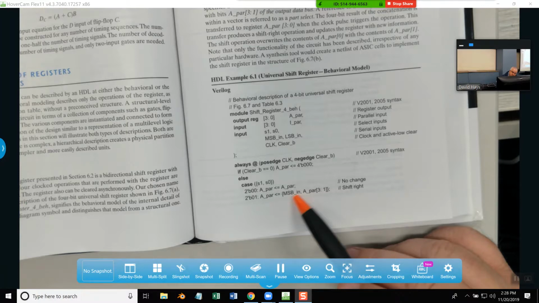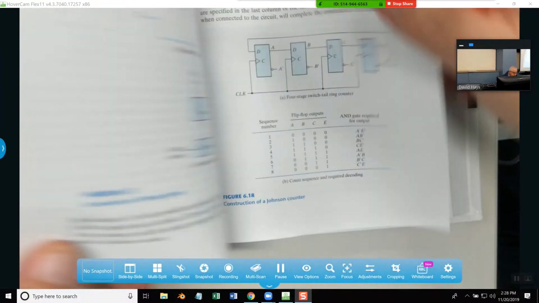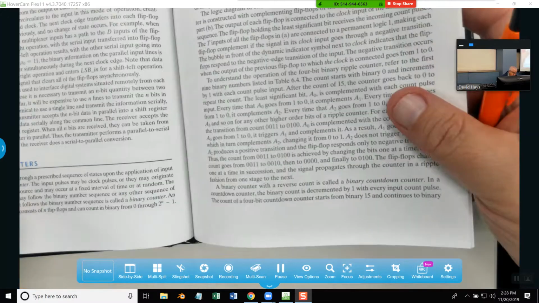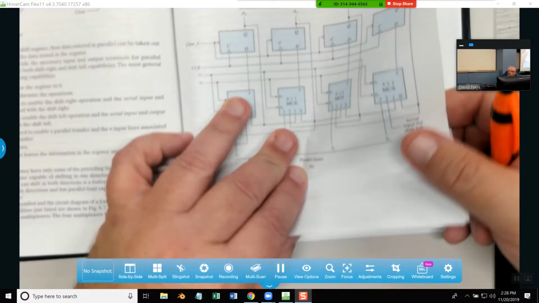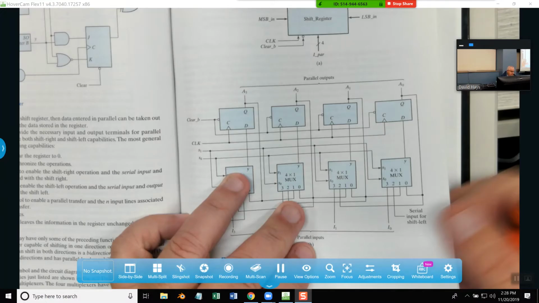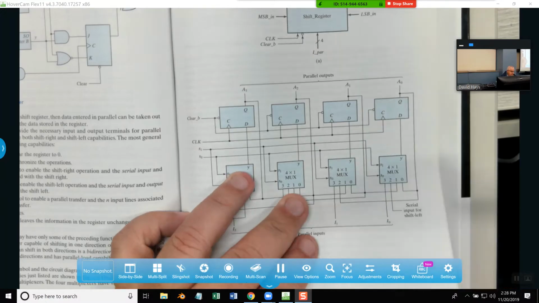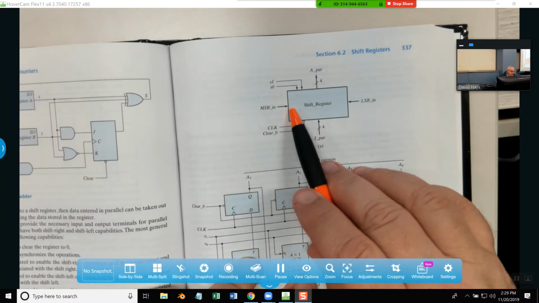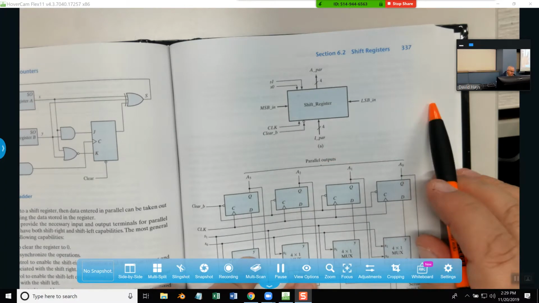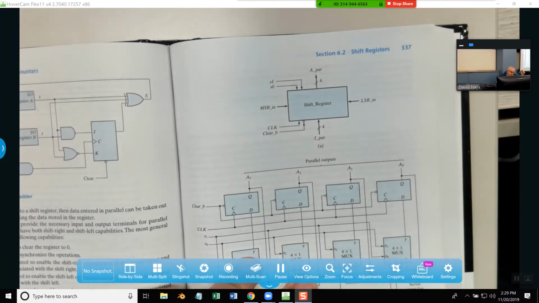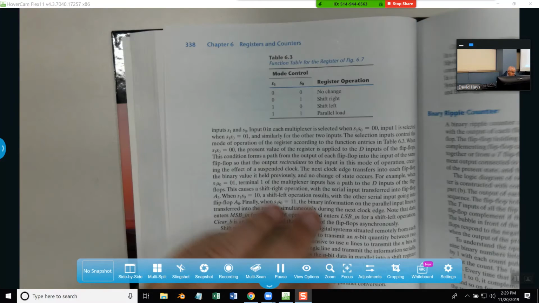Shift left, then our least significant bit is on this side, and we're shifting it. And then a parallel load takes complement of those, looks like. Well, no, it's 1, 1, and it's equal to the input, which is 1, 1.